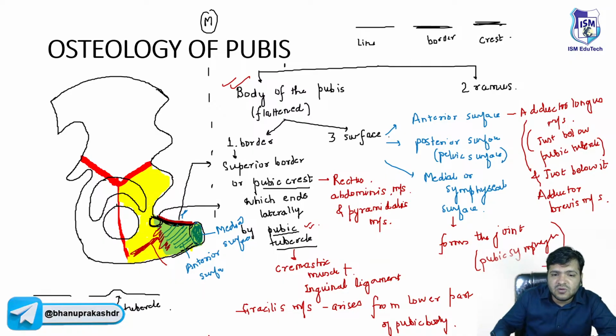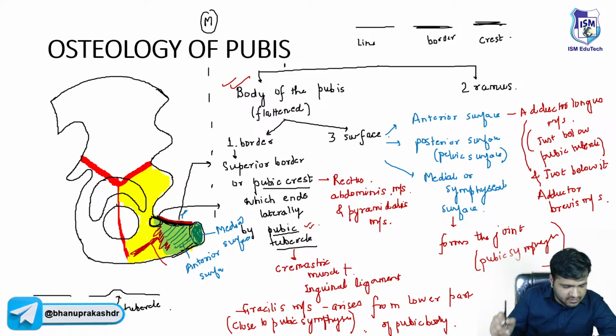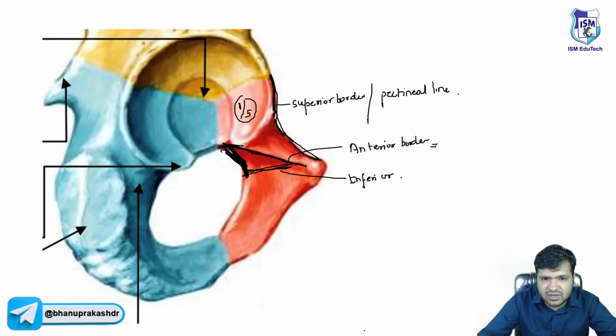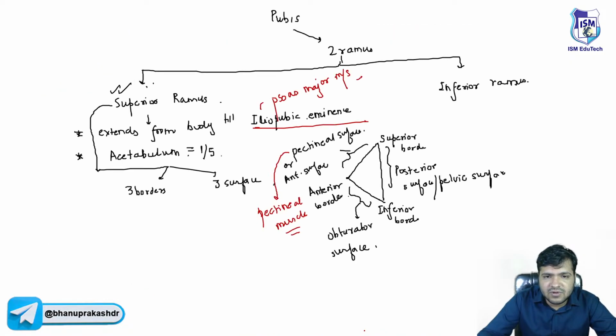It is actually close to the pubic symphysis. I will show you the muscles picture also, no need to worry about that. So that was about the superior ramus.